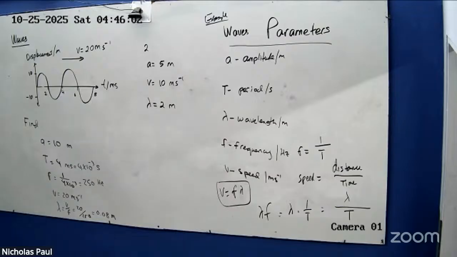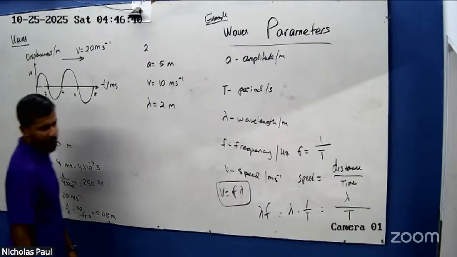What type of graph are you drawing again? A displacement time graph. Use that information to see if you can sketch the graph. The shape doesn't have to be perfect, but I want the values.